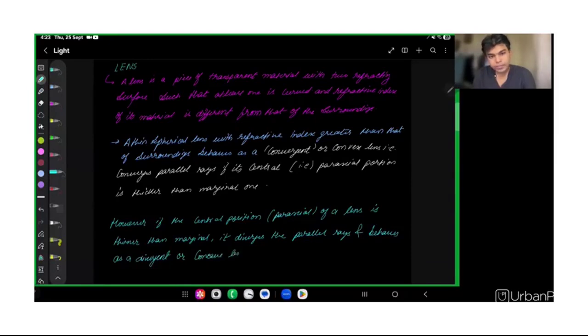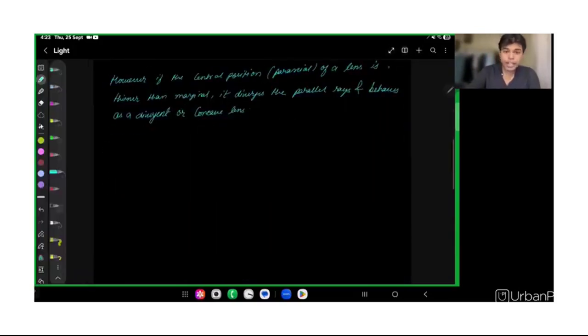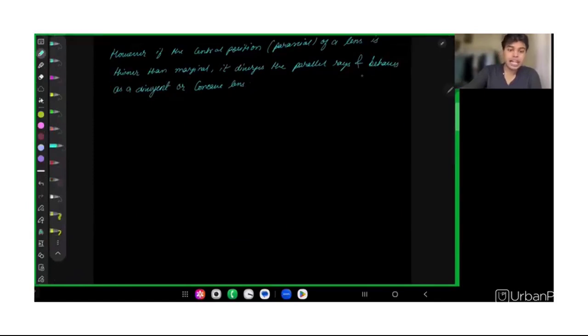Right? Any doubt till now? So this was the way to classify which one is convergent, which one is divergent.